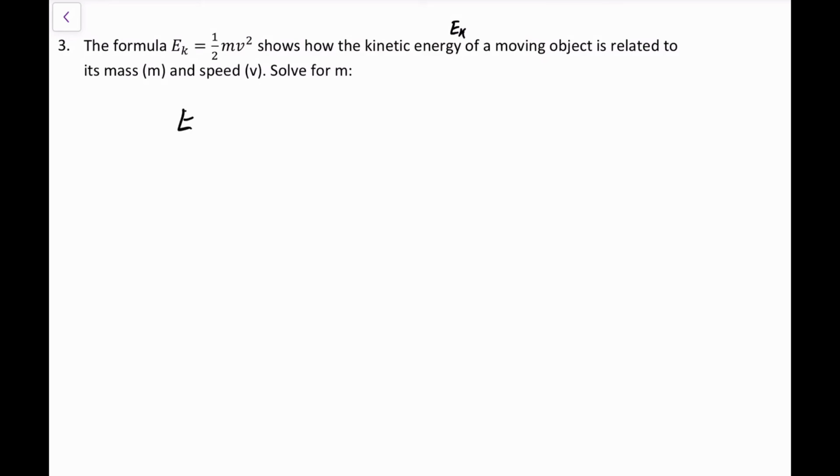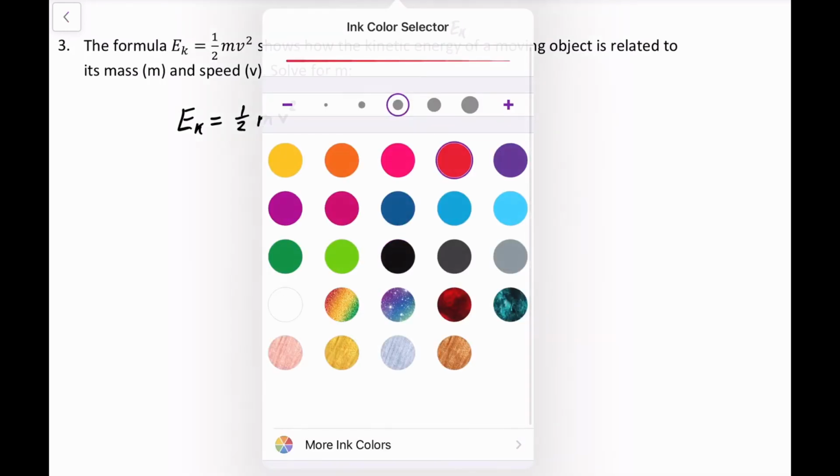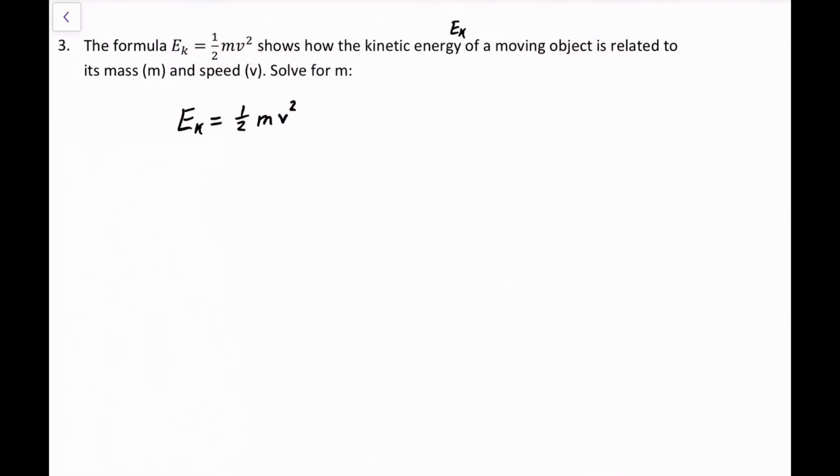So again, we'll start by just writing out the formula, Ek equals 1/2 mv squared. And so we'll do this one in a couple of steps here. So we're trying to get the m all by itself. So the first thing let's do, let's get rid of this 1/2. So in order to get rid of this 1/2, this is basically we're dividing by 2.